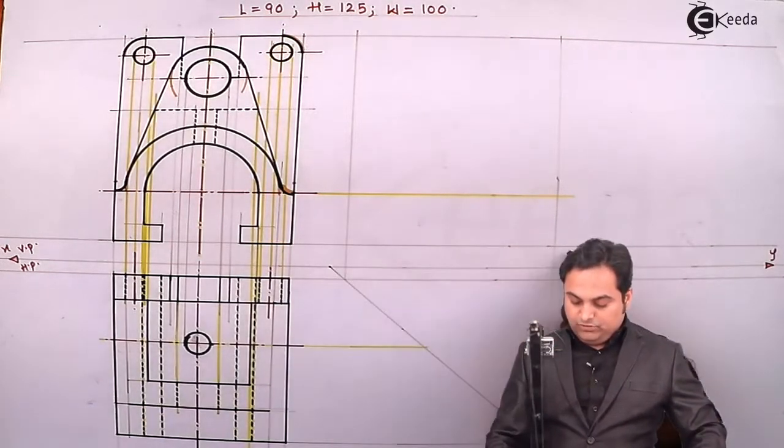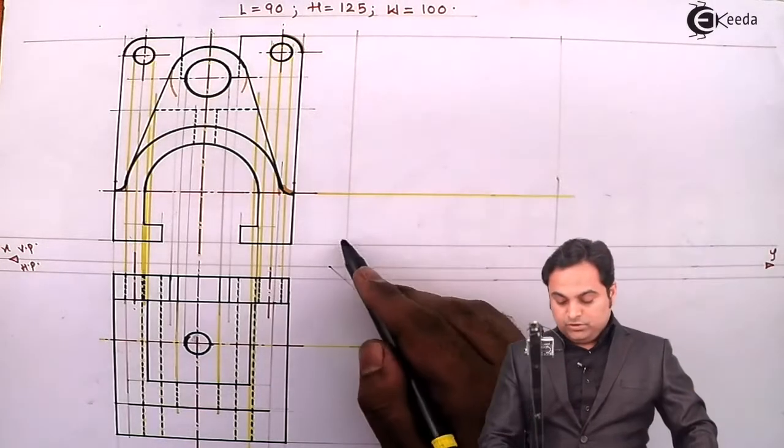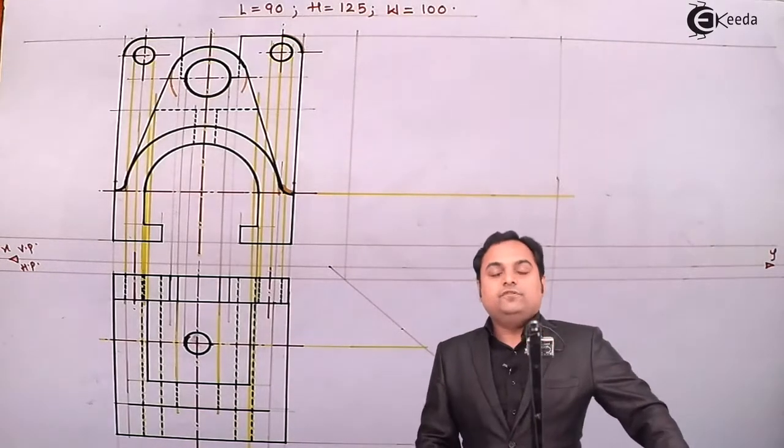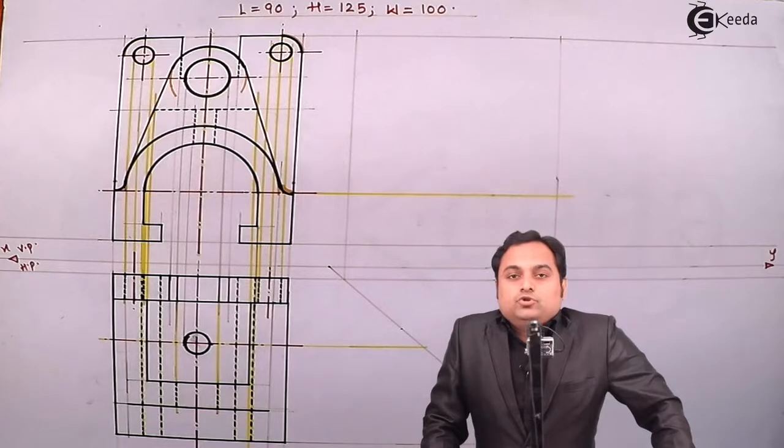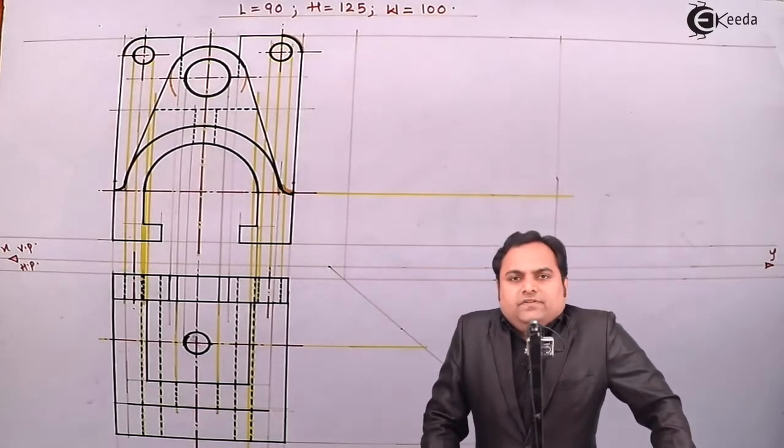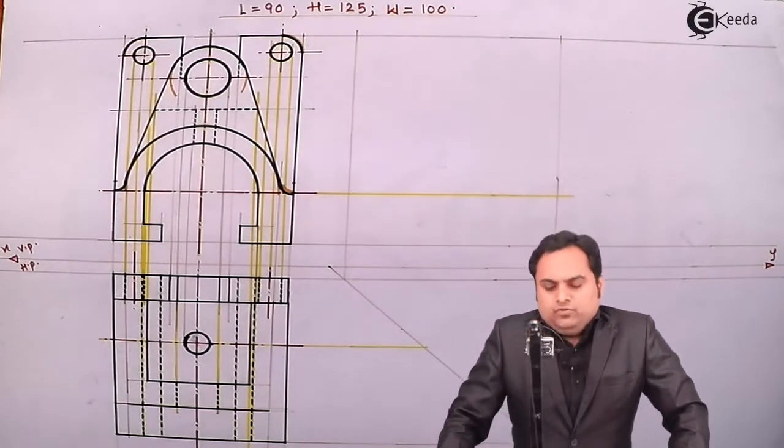Then it is there throughout the width, so width is there from the top view. I'll leave it light first because we have to draw the sectional side view. So make it light and then go for the section and draw the sectional side view.